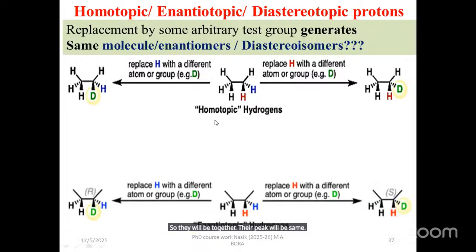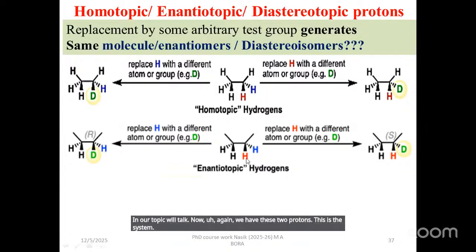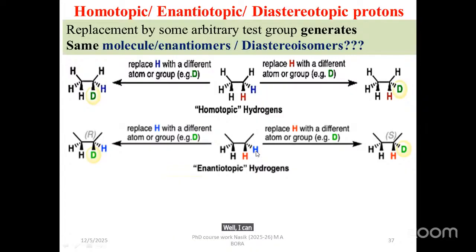This is about homotopic. Now let us try to understand the enantiotopic protons. Again, we have these two protons. This is the system where I can replace the blue hydrogen by D and get this, or I can replace the red hydrogen and I will get this.